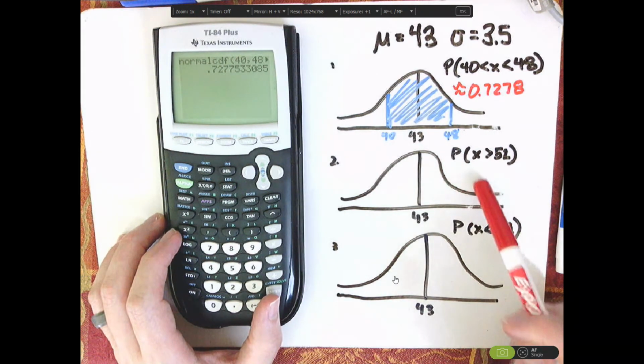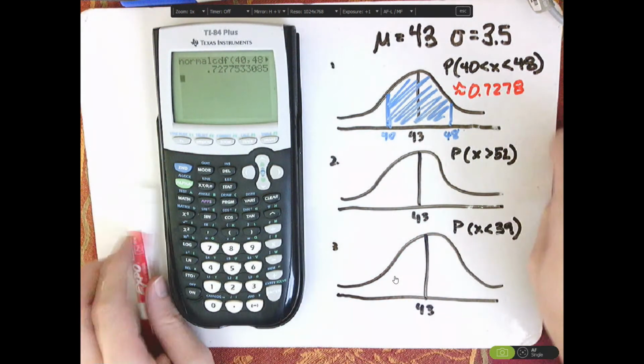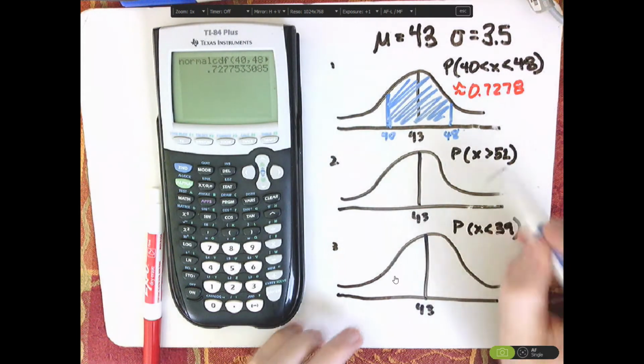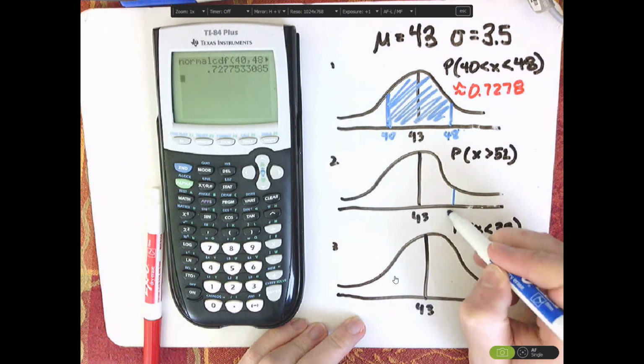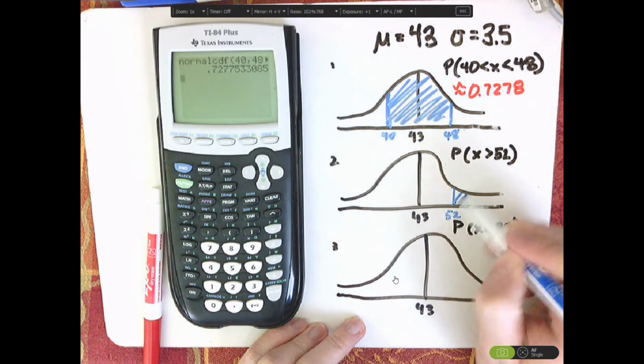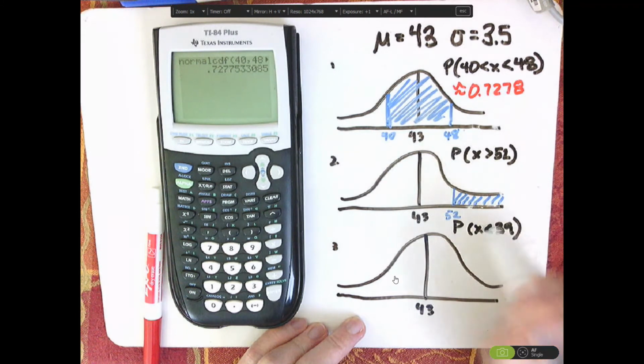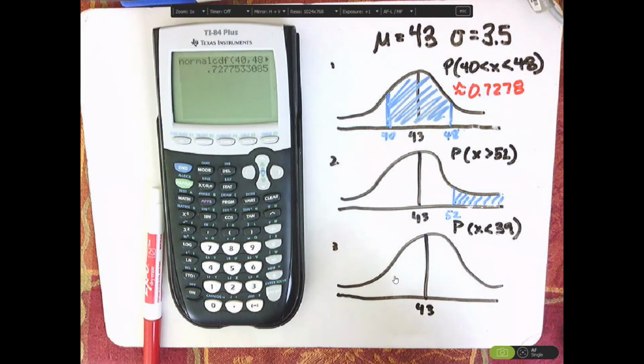All right, let's look at that next one. So this is 52 and above. 52 is right here, and above, it's going on forever to positive infinity.